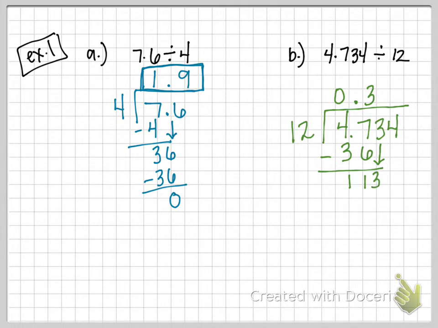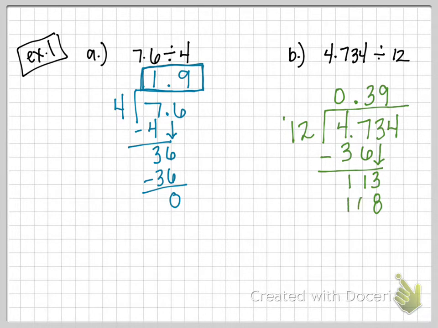All right, 113. So now we need to say how many times does 12 go into 113? 9 maybe? Or 8? Let's do 9. 9 times 2 is 18. Carry the 1. 9 times 1 is 9.